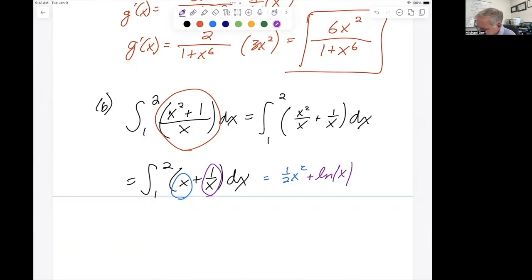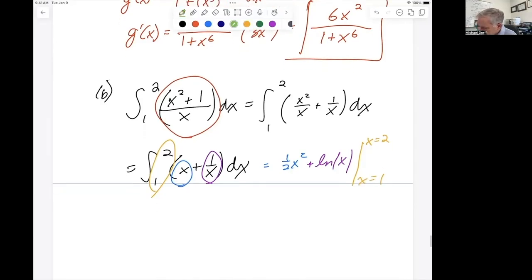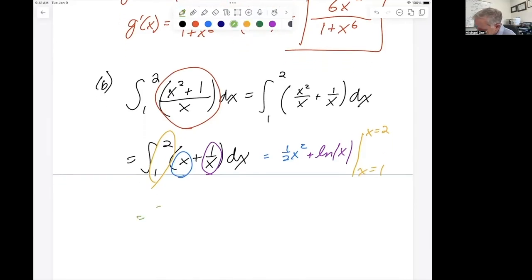And because I'm given specific numbers here, I have to evaluate these from x equals 1 to x equals 2. So when I plug those in, I get 1 half, then I plug in the 2, plus the natural log of 2, minus, plug in the 1 for the x in these ones here.